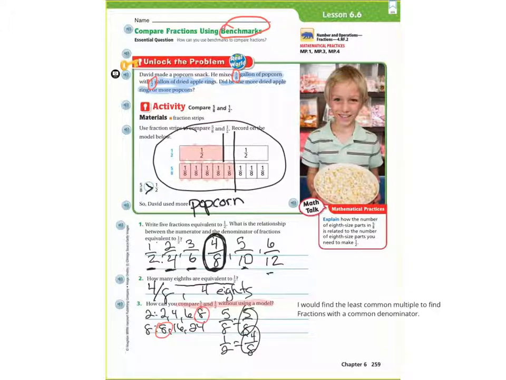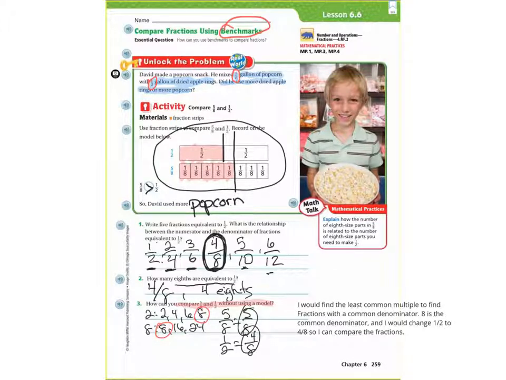In this case, 8 is the common denominator, and I would change 1/2 to 4/8 so I can compare the fractions. Remember, it's a lot easier to compare fractions when the denominators are the same. So if you have any chance, if you're comparing fractions, make those denominators the same.